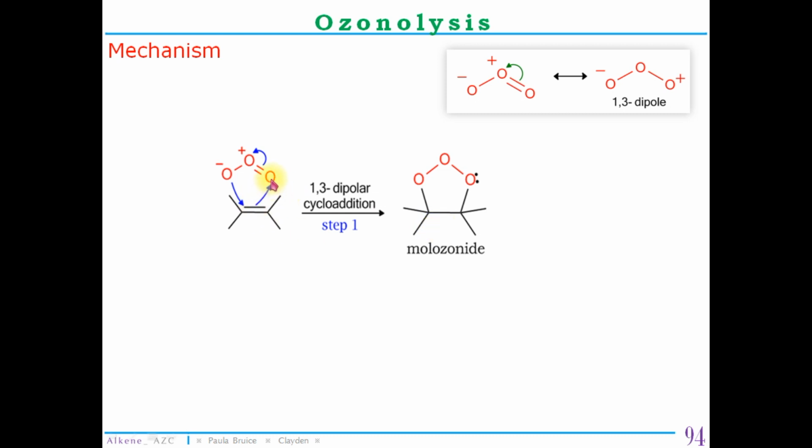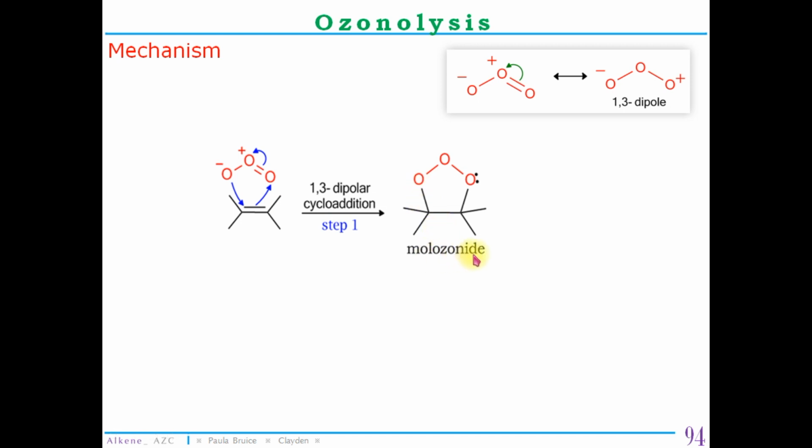Here, one of the oxygens of ozone behaves like an electrophile, interacts with this pi electron and makes a sigma bond, while another terminal oxygen acts as a nucleophile, interacts with this sp2 carbon and makes a bond.